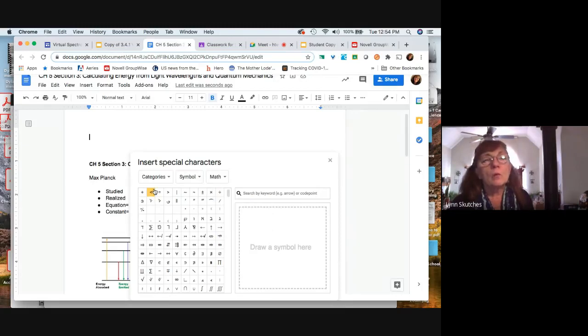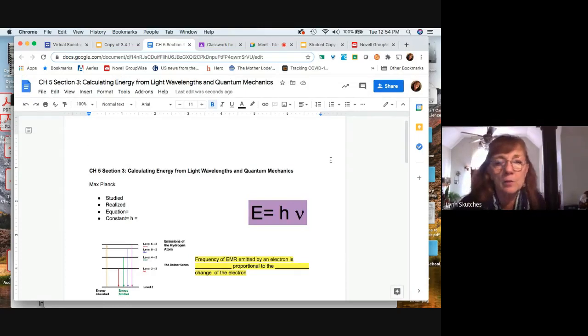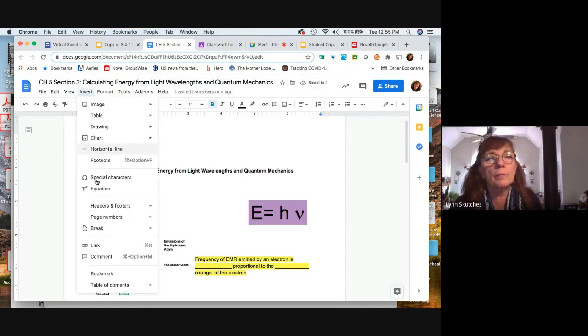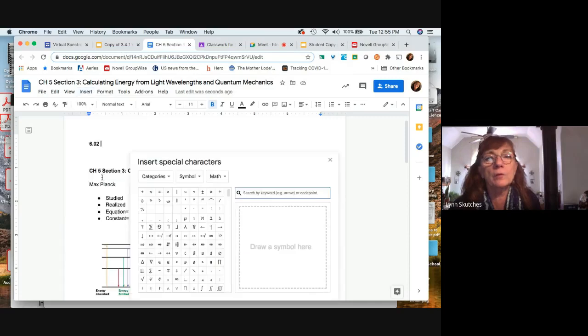So that will input what you need. So let's just do the 6.02. And then again, insert, special characters, make this math, hit the multiplication button, and it'll show up next to your text.